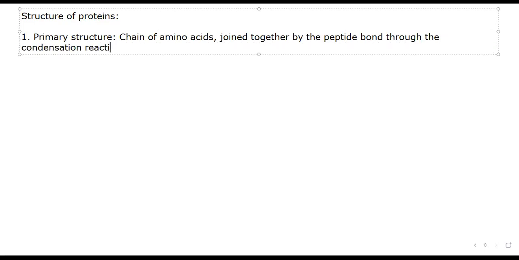That's it. So if I just take my amino acids and join them together to give me a straight chain structure, that is going to be known as my primary structure.